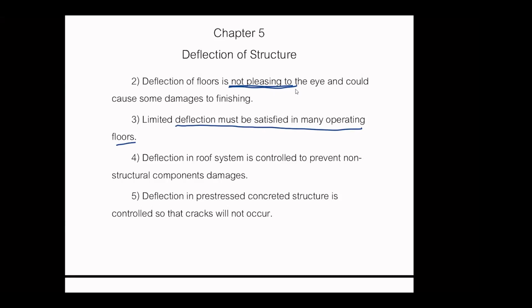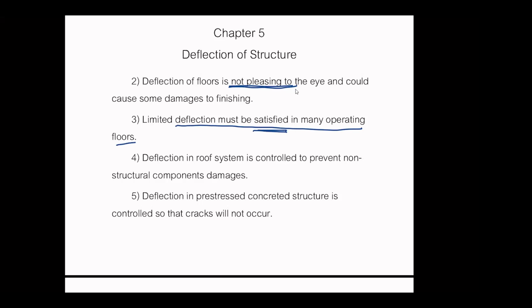So the design of the floor must be controlled by deflection as well, to make sure that the machine can operate effectively. If this is not controlled correctly, when you use the machine, the floor will vibrate a lot.